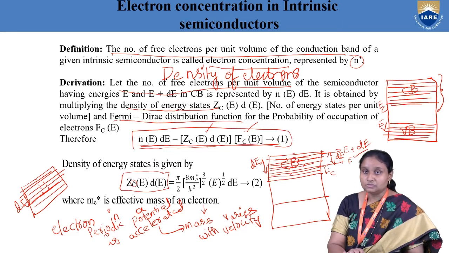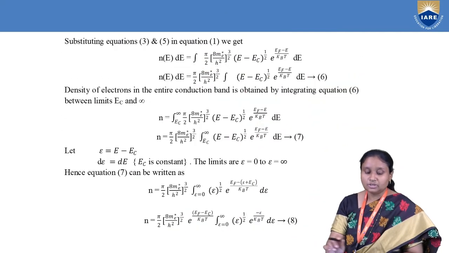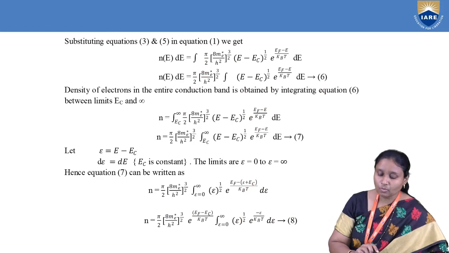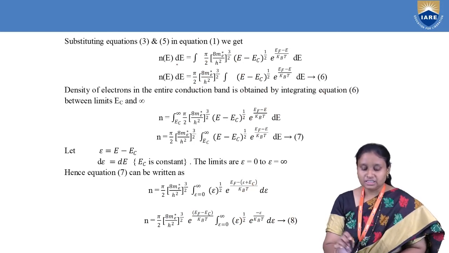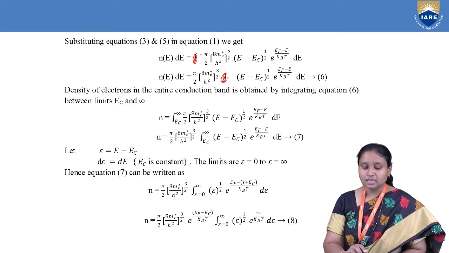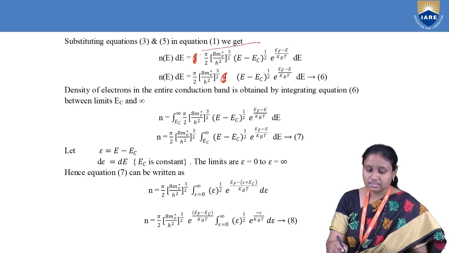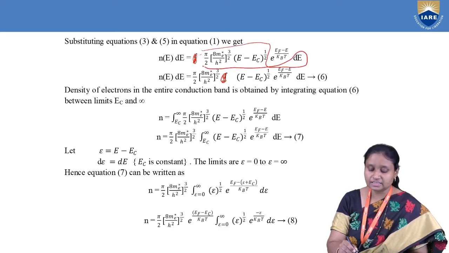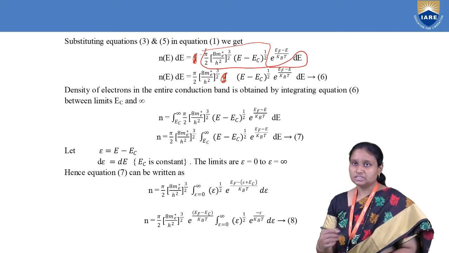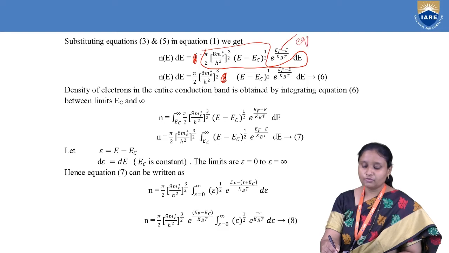When we substitute those formulas, N(E)dE is given as pi by 2 times the expression for the density of energy states, which we copied from equation 3, and this is the expression from equation 4.